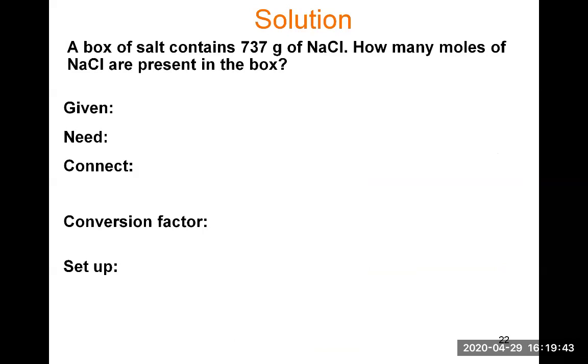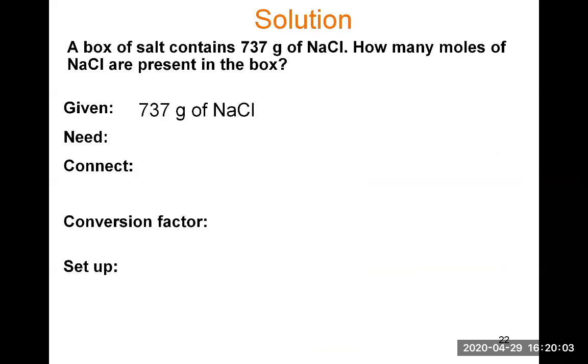So again, from the text, you can extract the given amount. And here it's 737 grams of sodium chloride. What we need, so what is the question asking? How many moles of NaCl are present in the box?